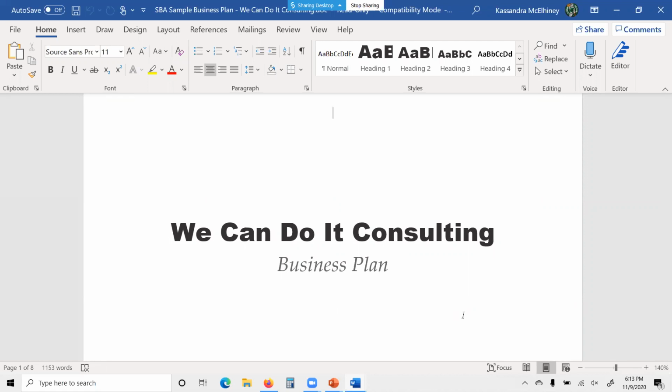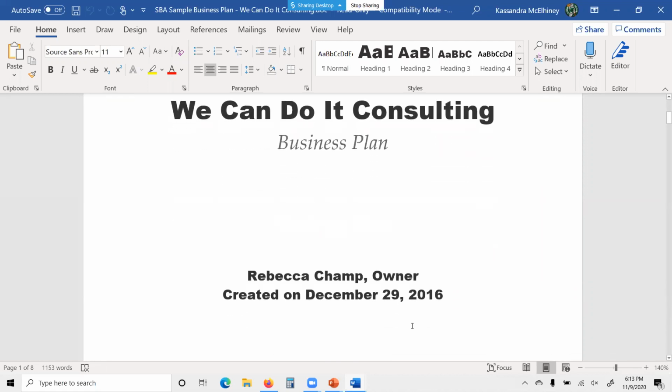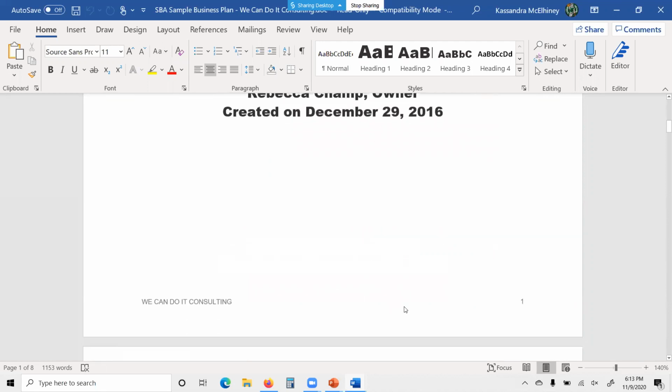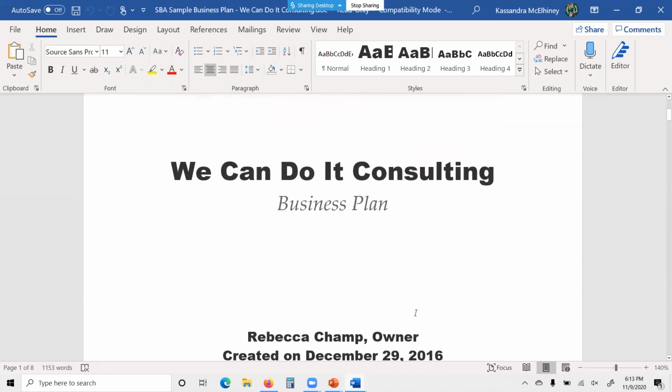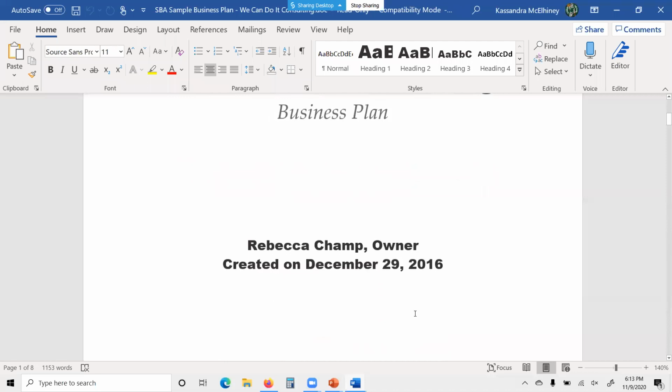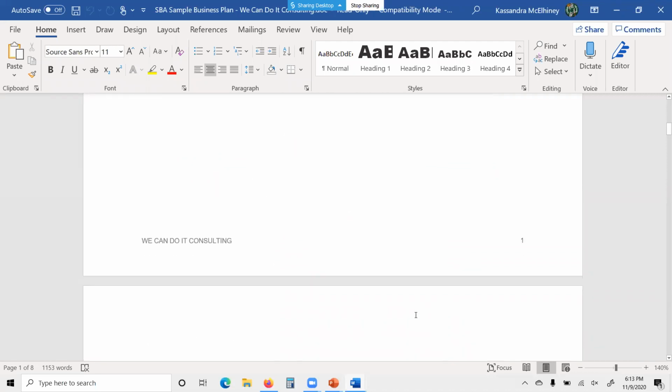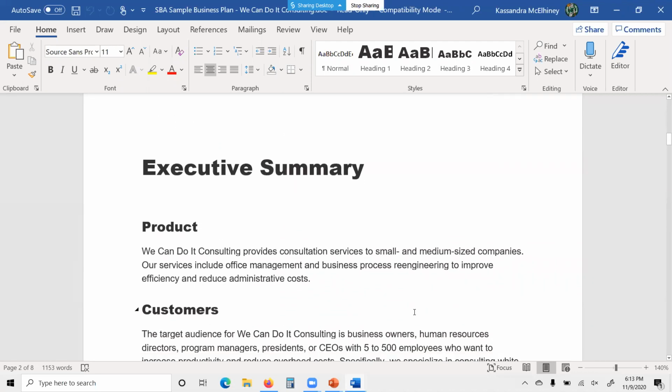A business plan is usually about 40 pages long. This one is 8, including the title page. So just a general startup plan by the owner. It starts with an executive summary.